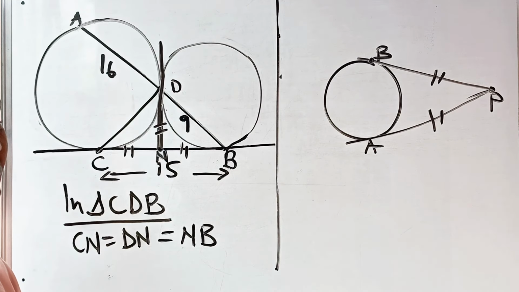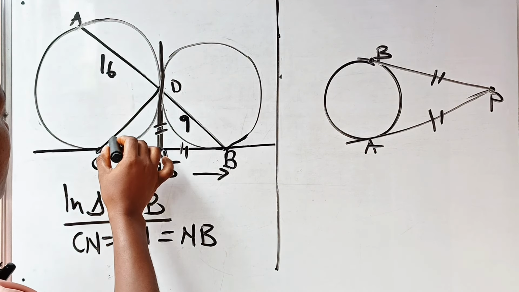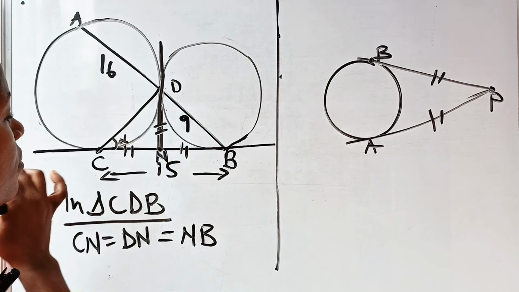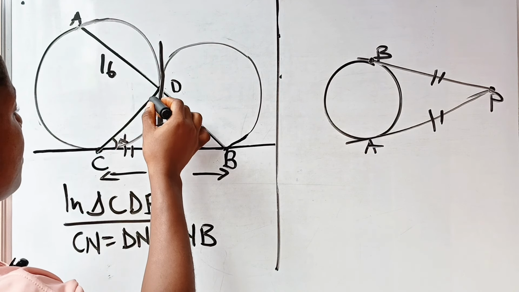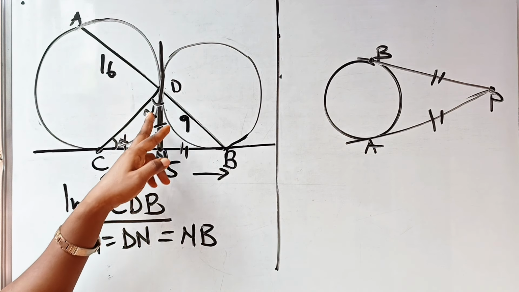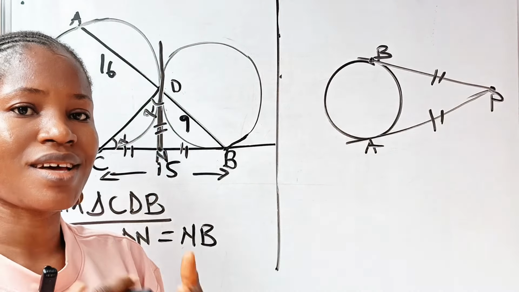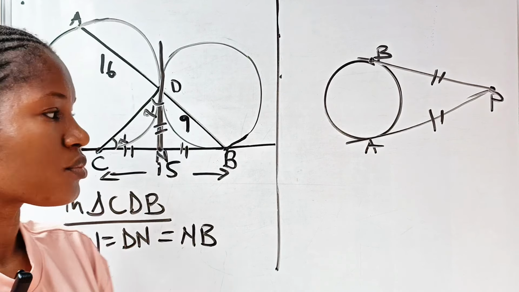Now, where am I driving at? If we decide to call this particular angle here alpha, it simply means that this angle is also alpha, because when two sides of a triangle are equal, the base angles are equal. It means that the triangle is an isosceles triangle.